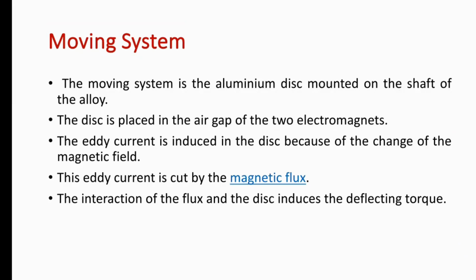The interaction of these two fluxes produces induced EMF in the aluminum disc, which induces eddy current in the surface periphery of the disc. That eddy current helps rotate the disc. The eddy current cuts the magnetic flux, and the interaction of the flux and the disc induces the deflecting torque.